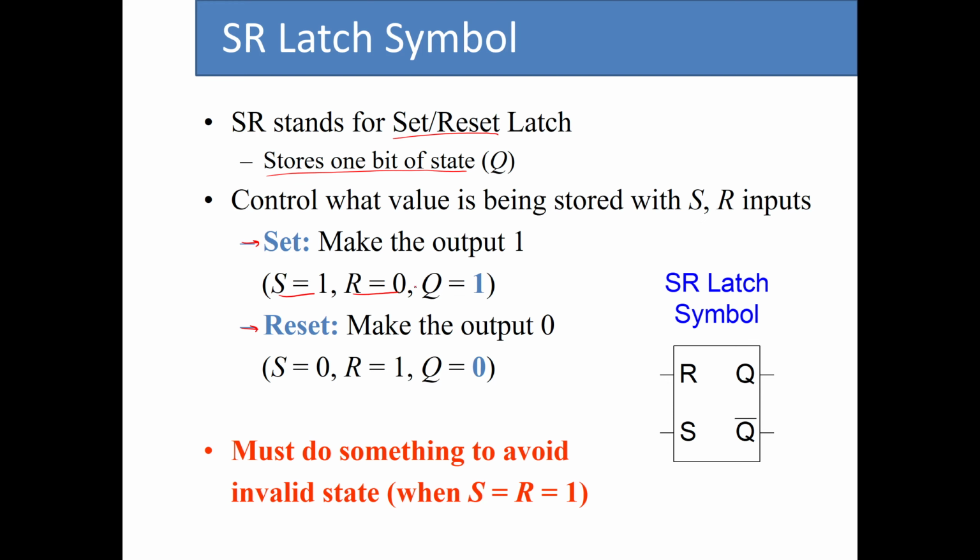That makes the value for Q to be 1. If we want to store a value of 0 at Q, we have to make S 0 and R 1, which results in Q being 0. And for the memory functionality, when S equals 0, R equals 0, then we have Q to be the previous Q.